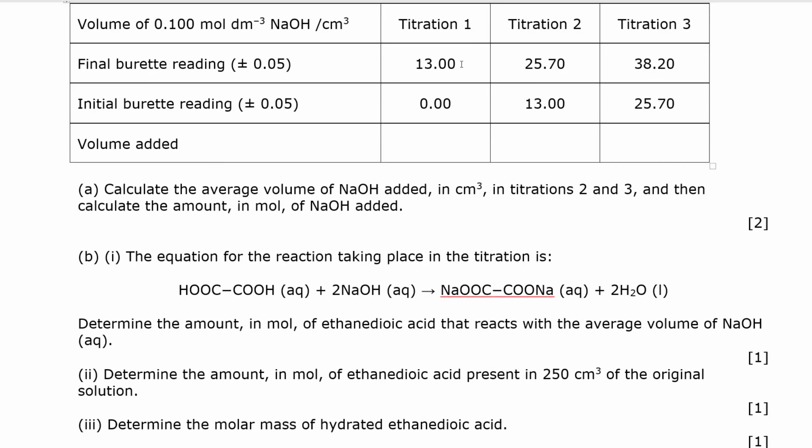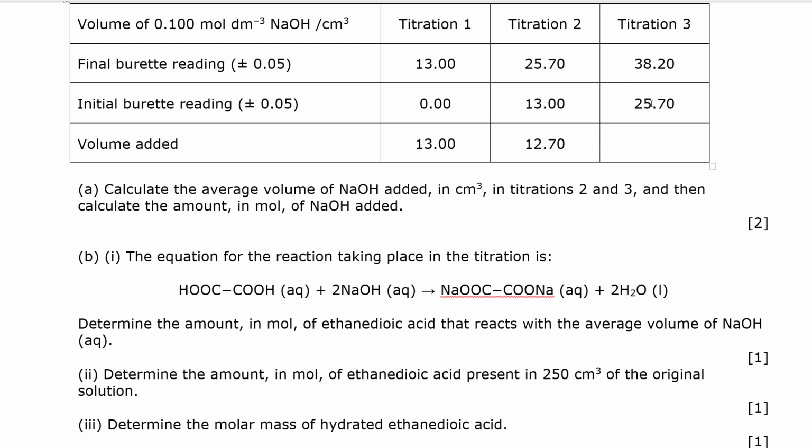Now titration 1, the difference between this and this will be the volume added. So the volume added there is 13.00. In the second titration, the difference between the 25.7 and 13 is 12.7, 12.70.